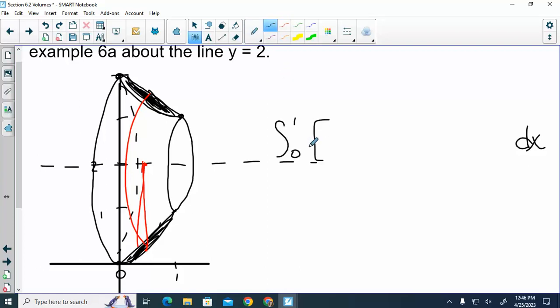So, our pi, the outside radius is 2 minus x squared, and we have to square it because pi r squared, minus the inside function. So if you start at 2, at this time you would only go down to that line, which is x, so 2 minus x, squared.